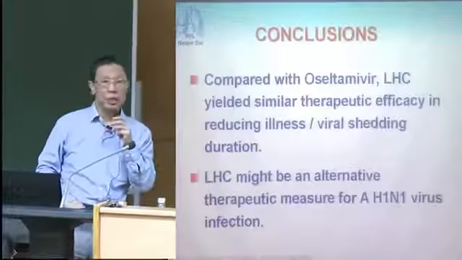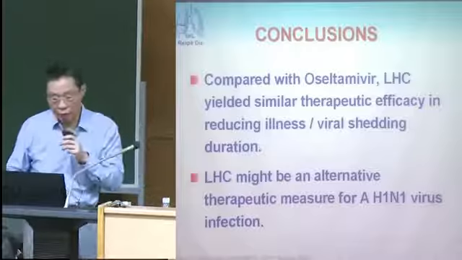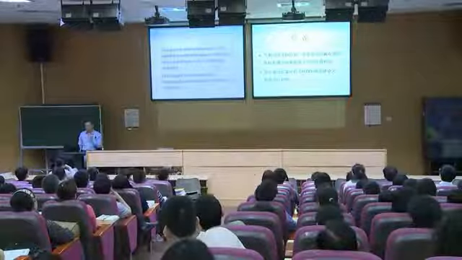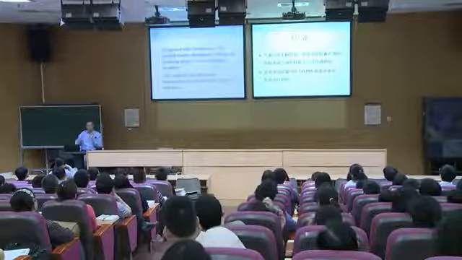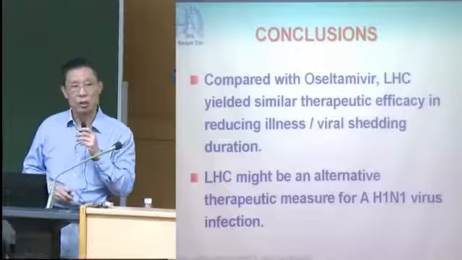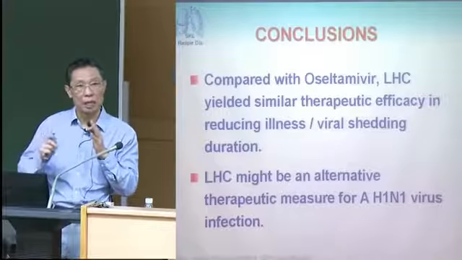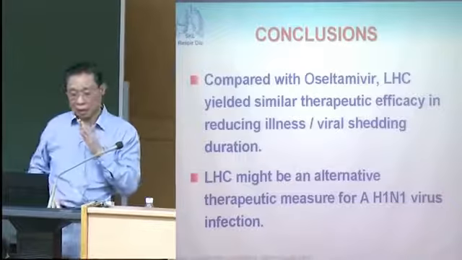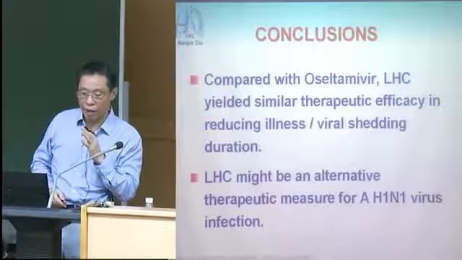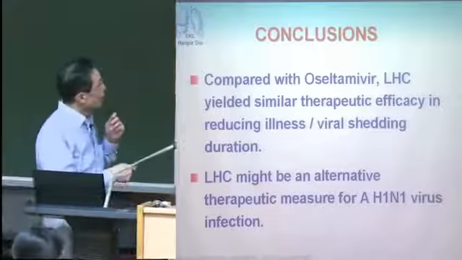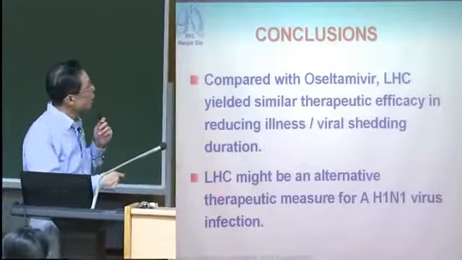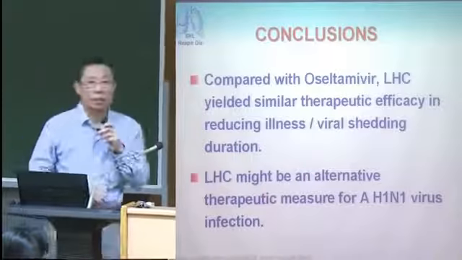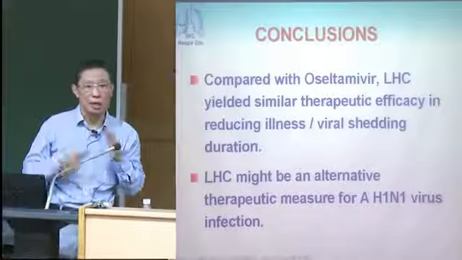So the conclusion is that compared with oseltamivir, 莲花清瘟胶囊 yields similar therapeutic efficacy in reducing illness, the fever, and also viral shedding duration. That's viral load shedding. 这个病毒的载量在血液里头减少, it can have this effect. And there, 莲花清瘟胶囊 might be an alternative therapeutic measure for H1N1 virus infection. This is the result. I think it's quite convincing.